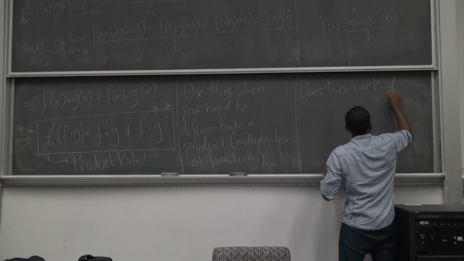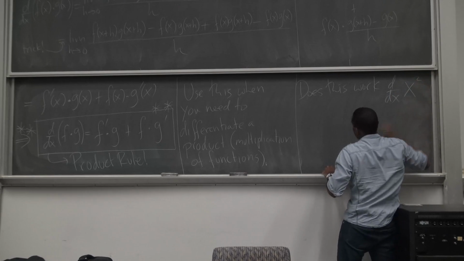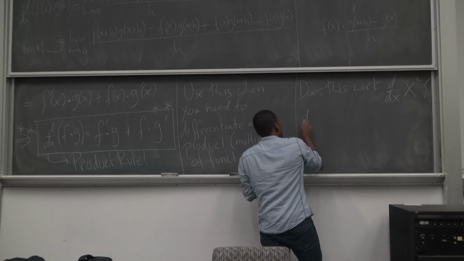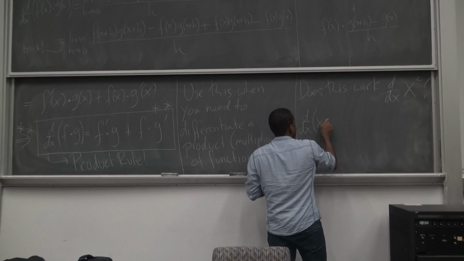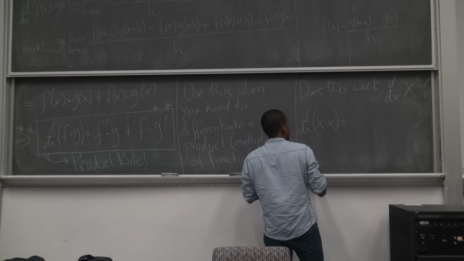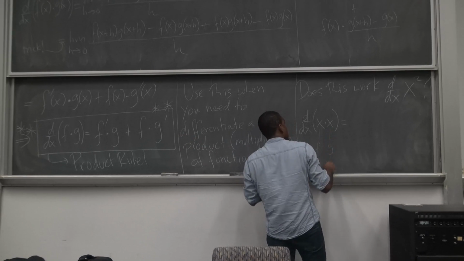Let's go back to our first silly example. Does this work for x squared? Well, let's check. What if I went the long way and wrote x times x? Then, by this rule, what would happen? That means this would be my f. I think of that as my g.